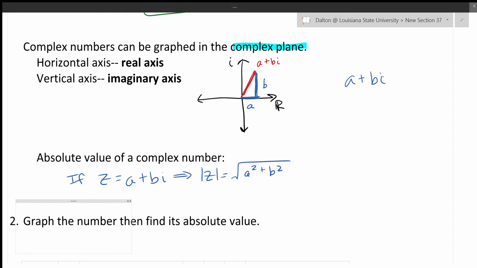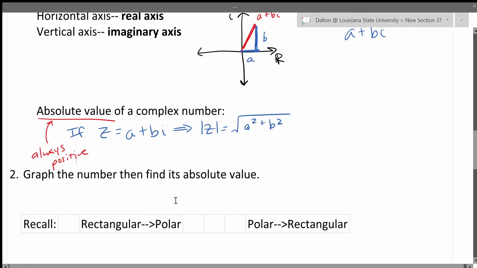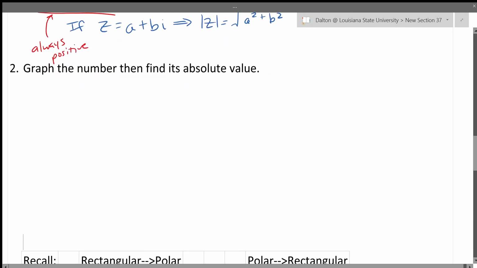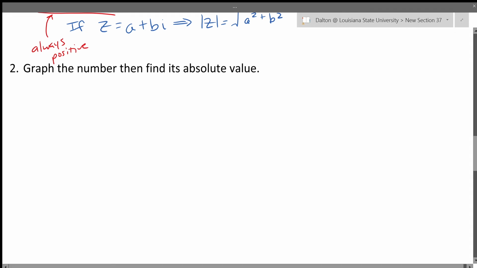The deal is distance is always positive. So if I ask you for the absolute value of something, your answer is always going to be positive. The types of questions you're going to see are if I ask you to graph the number and then find its absolute value.